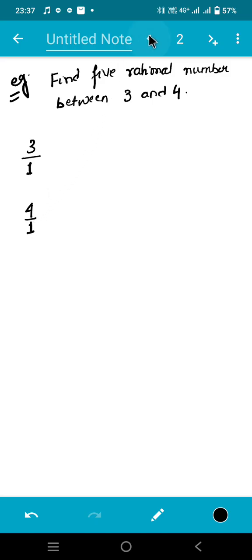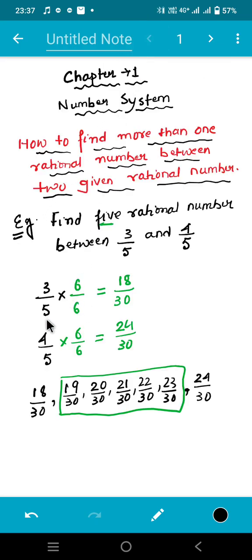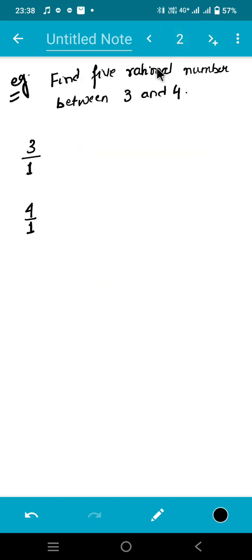So what we did in the previous case, if we have the same denominator, we'll multiply with the succeeding number. If five rational numbers are asked, what is the succeeding number to 5? That is 6. So we'll multiply each rational number with 6, both the numerator and the denominator.